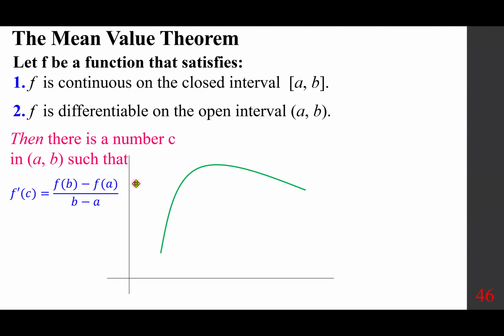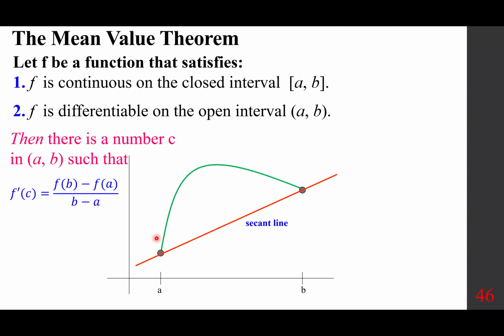So what does it mean? You have some sort of smooth curve. So obviously it's continuous, and because it's a smooth curve, it's differentiable as well. What we are saying is, if we look at, for example, these two endpoints at a and b, and if we connect them, that gives us a line. The name is a secant line.